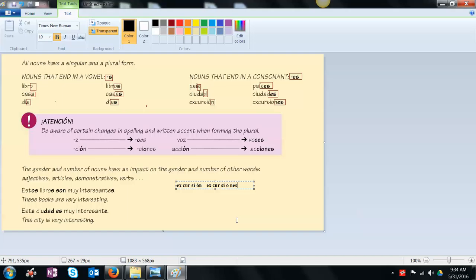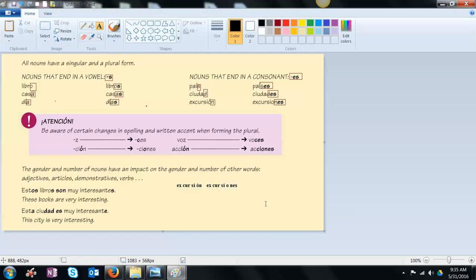We still want our O to carry the stress, but now the O has shifted positions. It's moved from the last syllable position to the second to last syllable position, and that's why I don't need to write in the written accent mark. And this will happen for all words that are accented on their last syllable in their singular form. So for example, acción works the same way. That's why it becomes acciones.